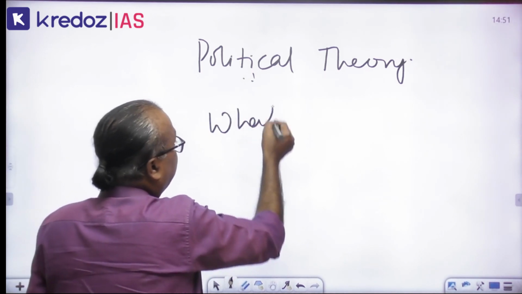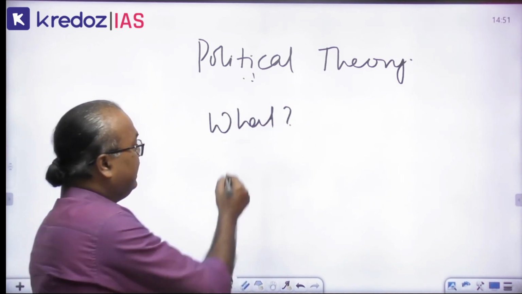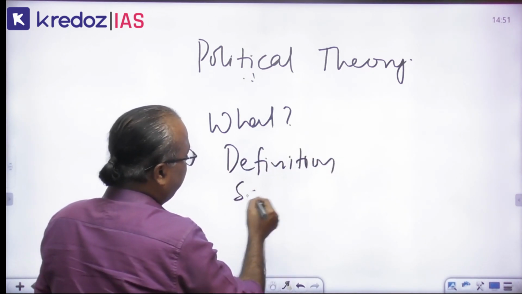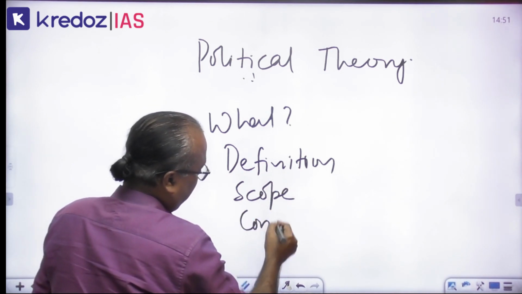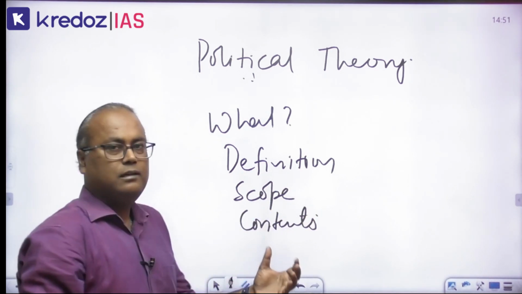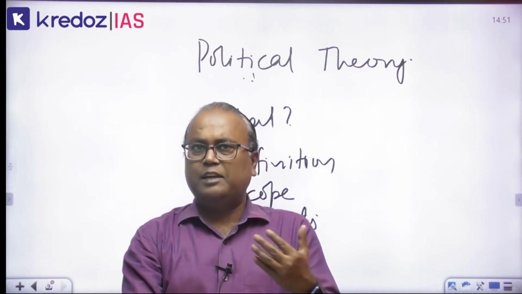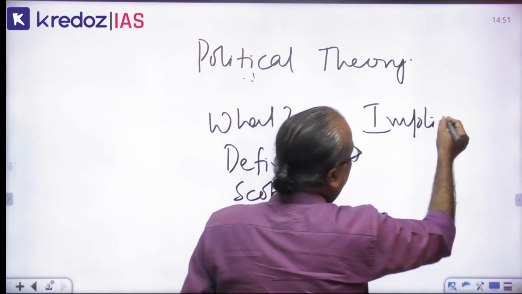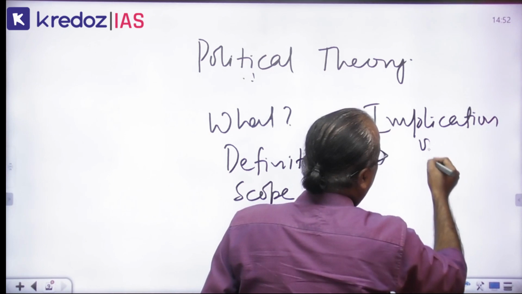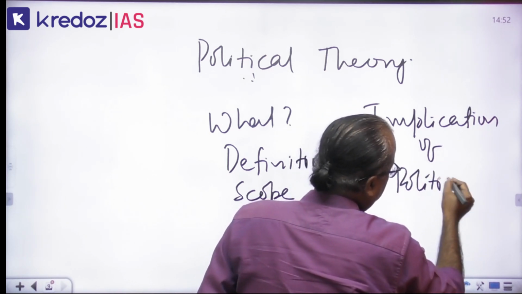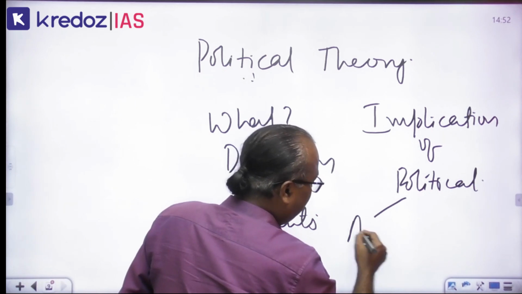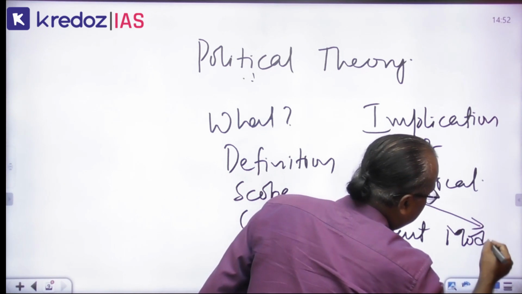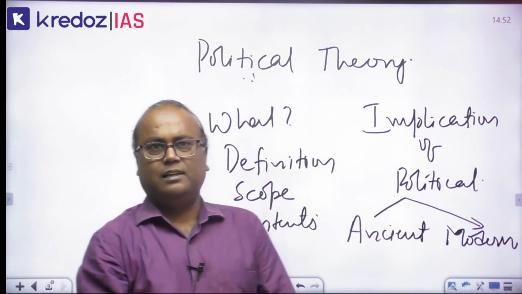Now, as far as political theory is concerned, what is political theory? The very first thing. Then the definition, scope, contents, and the implications of political theory, not only in the ancient period but even in the modern period, how it is going to affect us.